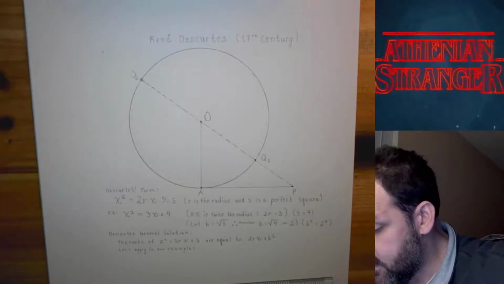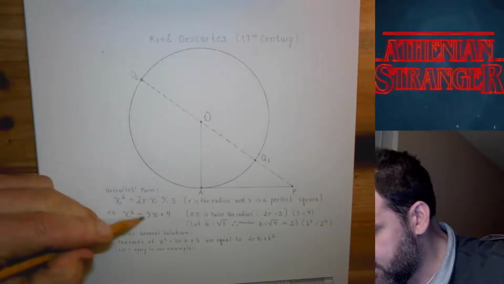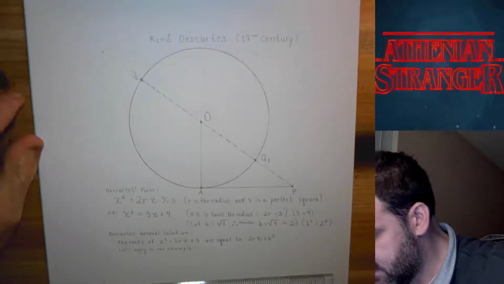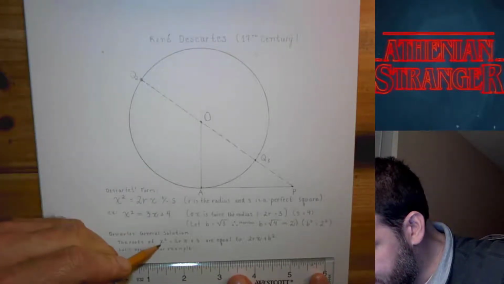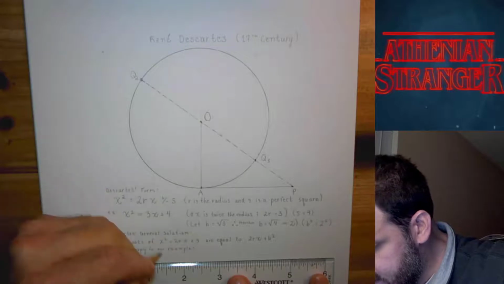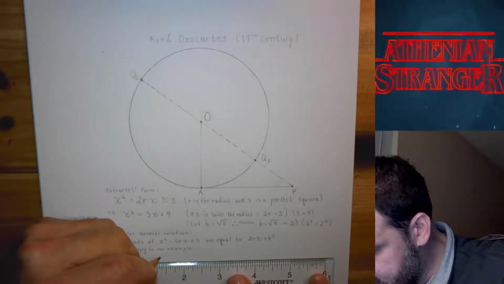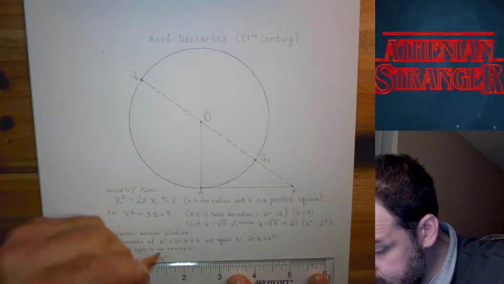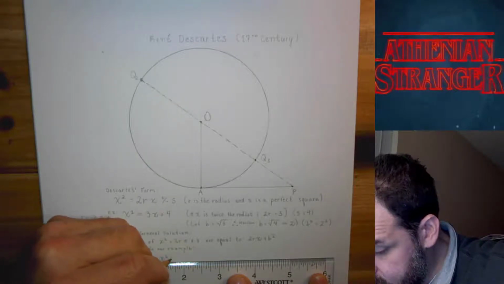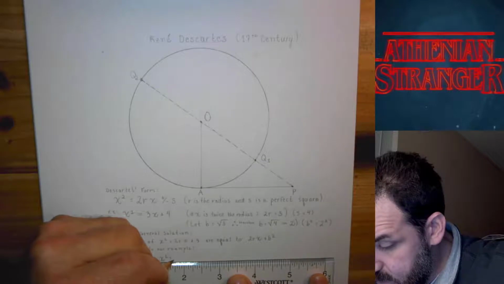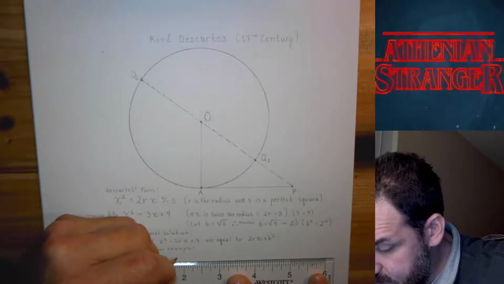So what's our example? X squared equals 3x plus 4. Okay. So I'm going to keep that lined up with this. So our example was x squared equals 3x plus 4.